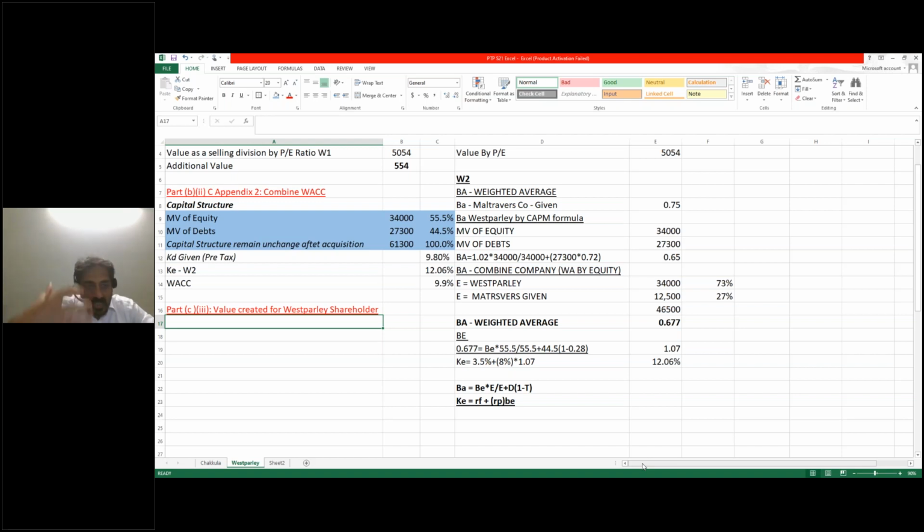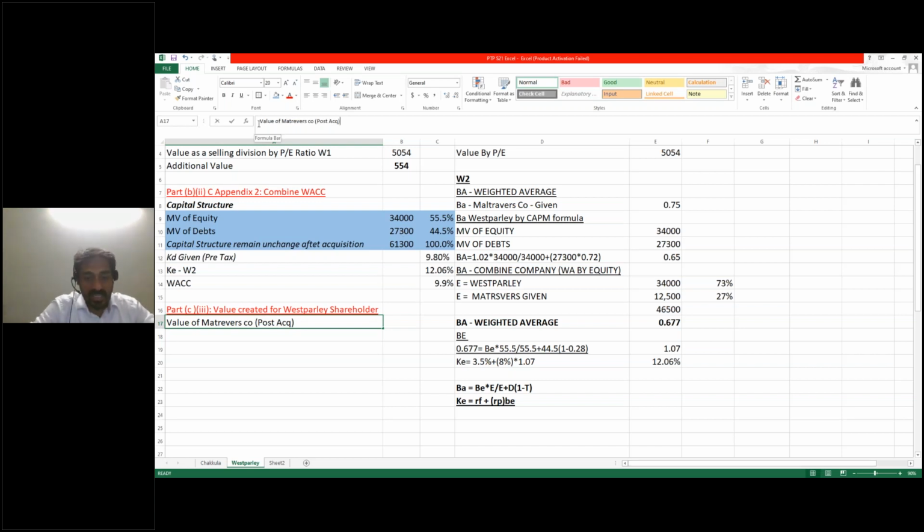So what we need to do here, number one, first of all, we have to work out the value of Met-Travers post acquisition. Number one, the total value.